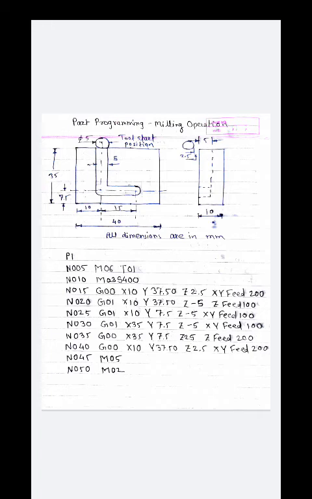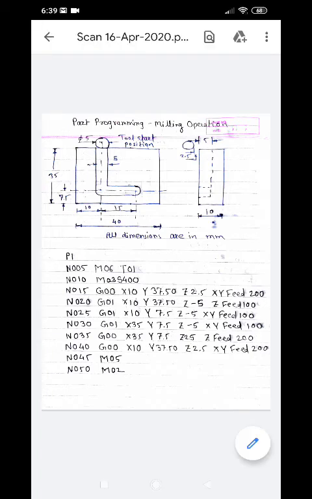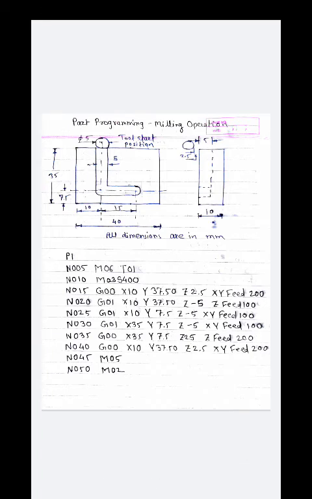Okay, now next the cutter should move in a downward direction, to remove the material in a vertical way. Okay, so we are supposed to mention the next coordinate, that is N025 G01 X10 Y7.5 Z minus 5, XY feed 100.